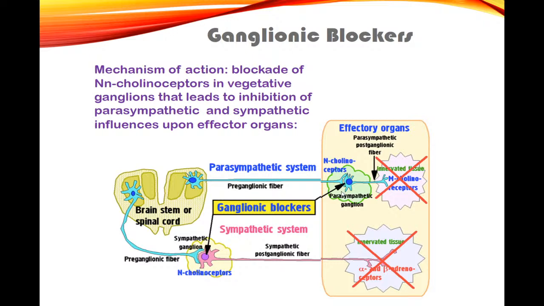Ganglionic blockers, blocking these receptors, cause inhibition of both parasympathetic and sympathetic influences on all internal organs. It's possible to say that usage of ganglionic blockers is like a chemical or medicinal blockade of vegetative ganglia.